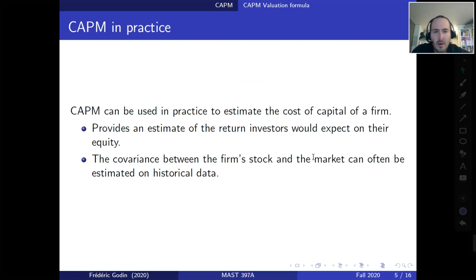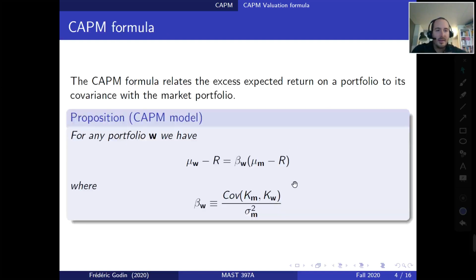But before proving this, why is it useful? It's because the CAPM relationship allows investors or market participants to estimate the return on some security. If you have a given stock, you can look at the historical covariance of its return with the market portfolio, and once you have this quantity, you can calculate what we call the beta of the firm or the security.